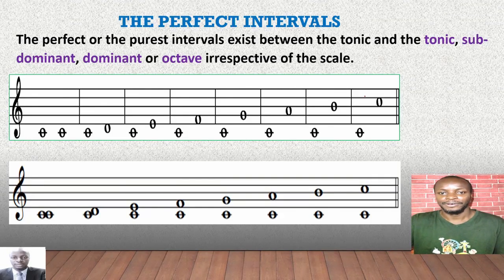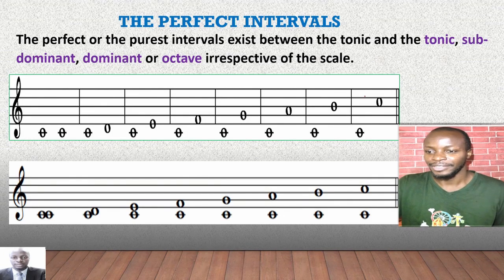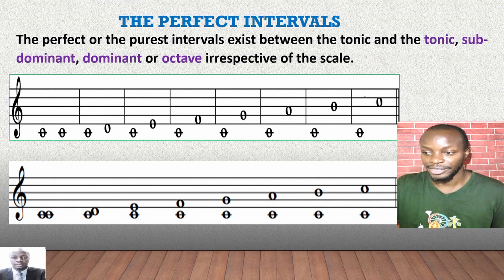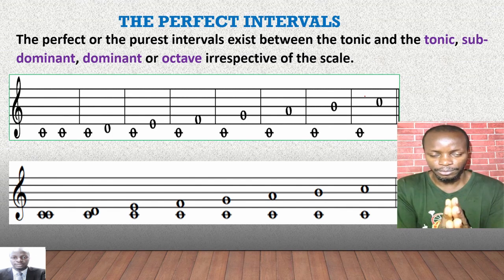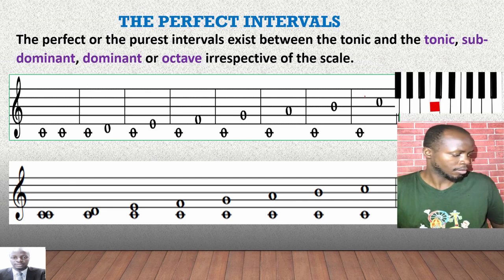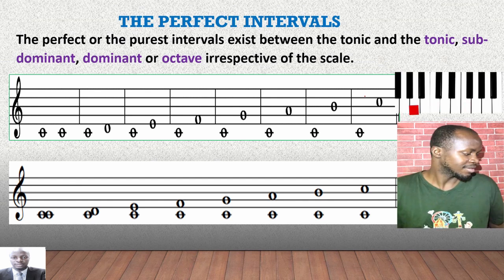Perfect intervals. All right, a perfect interval is the purest interval. It exists between the tonic and tonic. That's unison, perfect unison, or tonic and subdominant. That's tonic and the fourth of the scale. Do, Fa is a perfect interval, right?